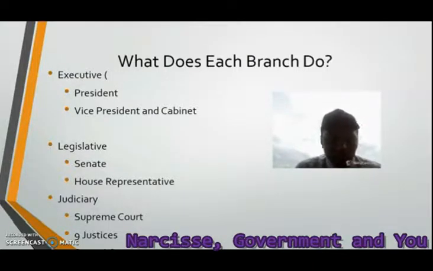Executive is constituted by the president, vice president, and the cabinet. This branch is in charge of enforcing the laws and making sure they are implemented. We have legislative branch. This is constituted by Senate and the House of Representatives. We have also judiciary branch, which is constituted by Supreme Court. It has 9 judges and also other federal courts.